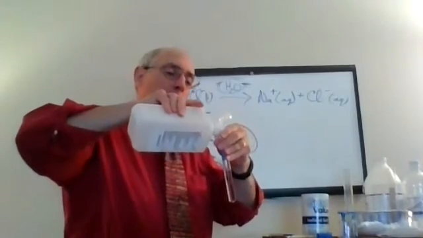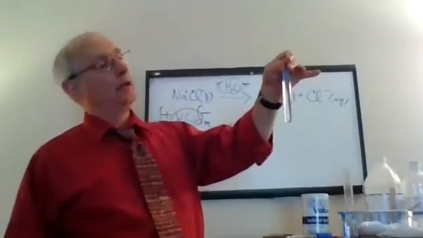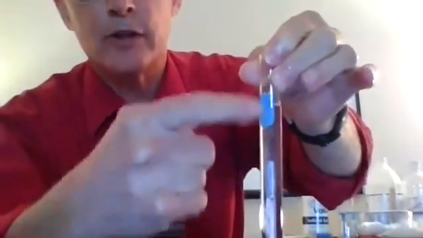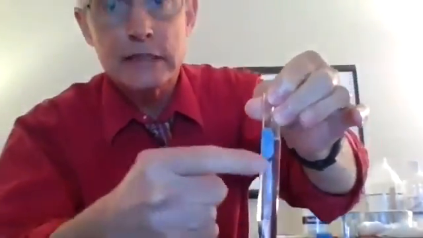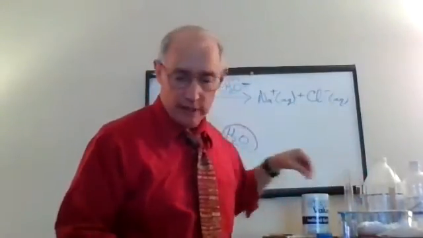Here's the 91% isopropyl alcohol. Do you see where it looks fuzzy up there? That fuzziness is going away, and the reason is because it's dissolving. Alcohol is dissolving because likes dissolve likes.